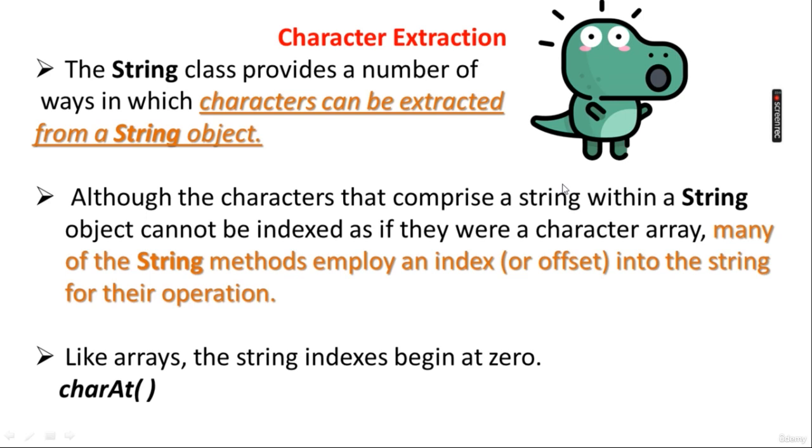Okay, whatever string is represented as a literal, its index starts with 0. Okay, so from that starting index you can get any particular index using the charAt method. So charAt(2), for example, will give you the character in that string at the index 2.